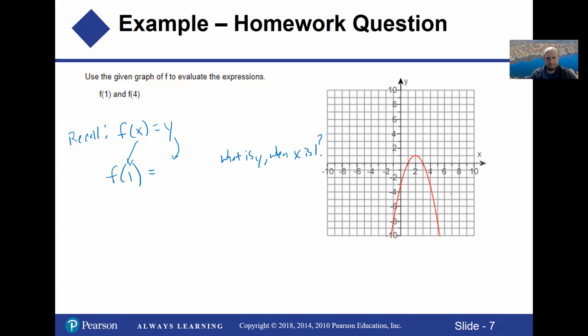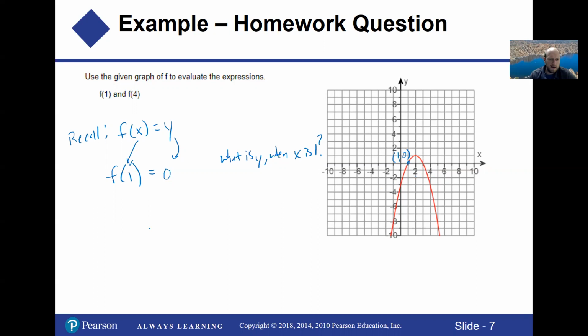Here is our graph of our parabola. We need to know the y value when x is 1. Well, x is 1 right there. So what is the y value there? It's just 0. We can see here's the x-axis, here's the y-axis. Y is 0 right there. So that point is at 1, 0.